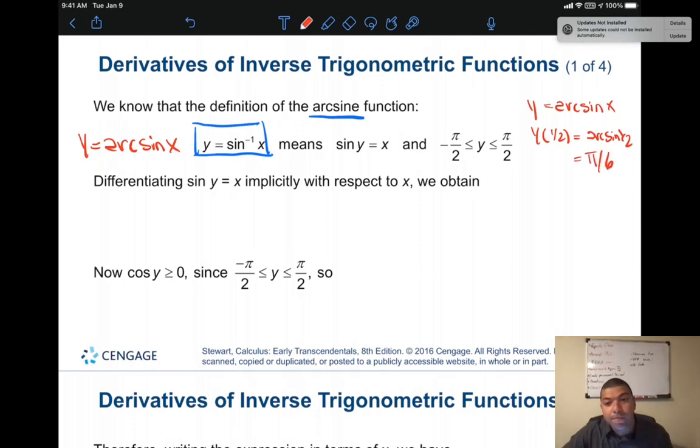I always give it in radians, and I always have to remember for arc sine, at least, that the range, the angles, have to lie between pi over 2 and negative pi over 2. So the right half of the unit circle. So I always have to be between minus pi over 2 and pi over 2, at least for arc sine, for the inverse sine.